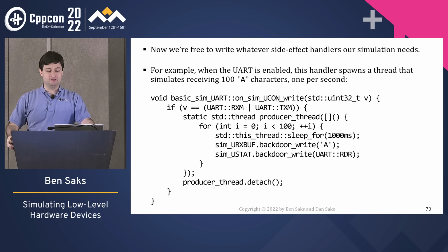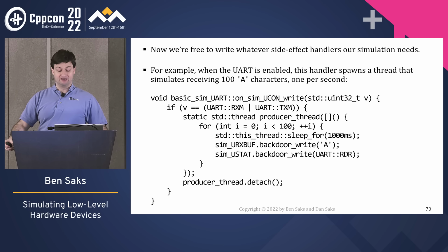Now, here, this thread, I set it up so that it was using the backdoor write function, because I was using a polling approach of checking the current state of the UART to keep things relatively simple for the purposes of this talk. But the UART hardware on this board does support interrupt driving it instead.